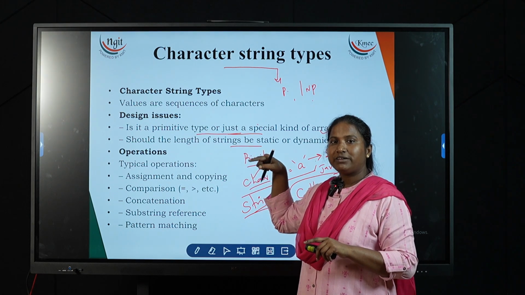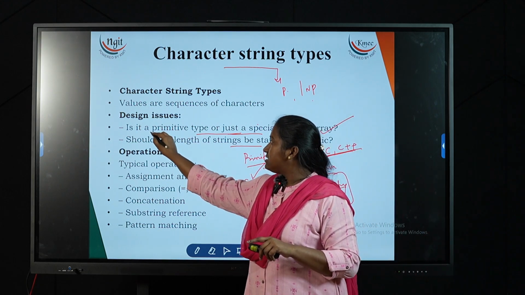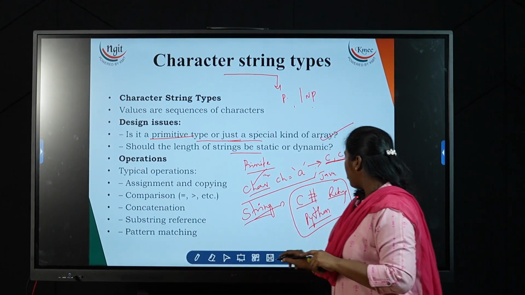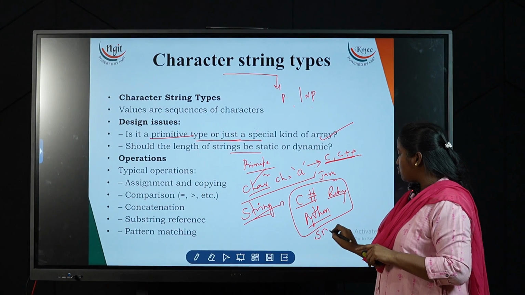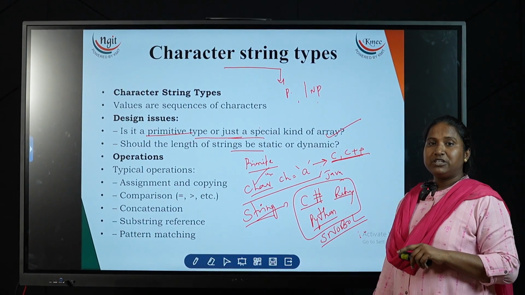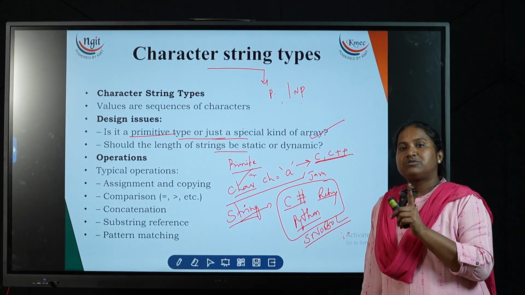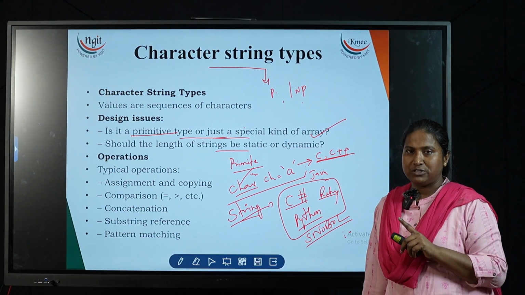There are languages which will take it as primitive and as non-primitive. So what are the languages? Primitive data type: you can also add one more point here, which is Snobol. Snobol is a programming language. Snobol basically stands for String Oriented Symbolic Language.